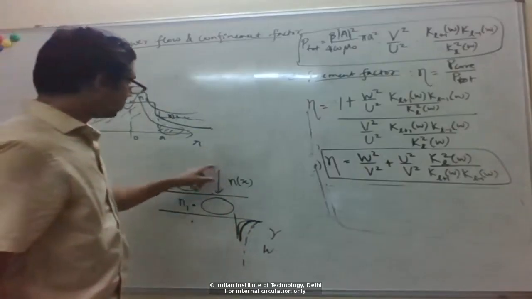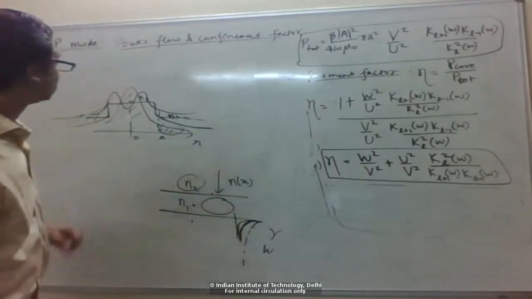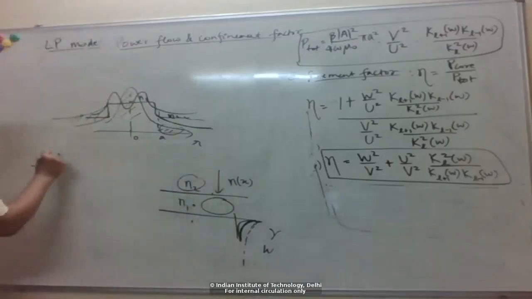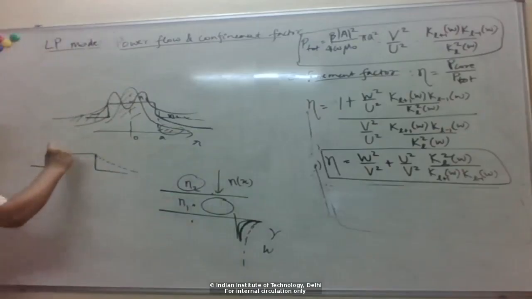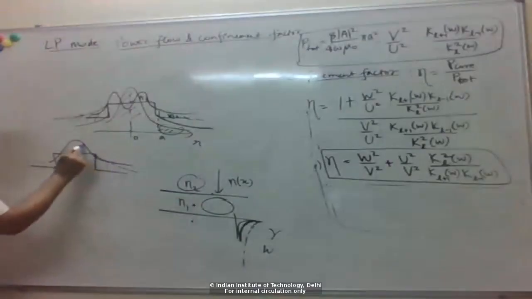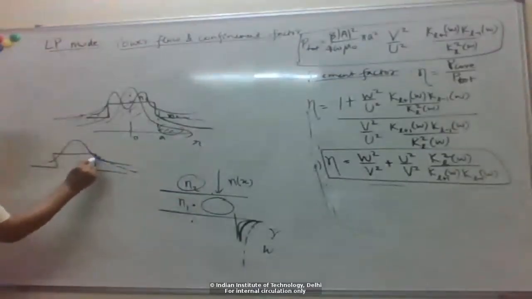Now if you change the refractive index profile here, for example, if you have some refractive index profile like this, compared to something which doesn't immediately change but slowly changes like that, then for this slowly varying gradient index, the dotted line, the field will fall slower compared to this step index, right?